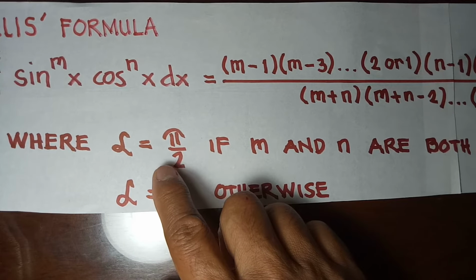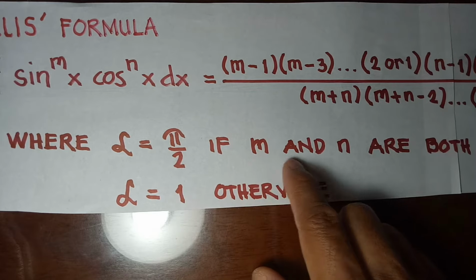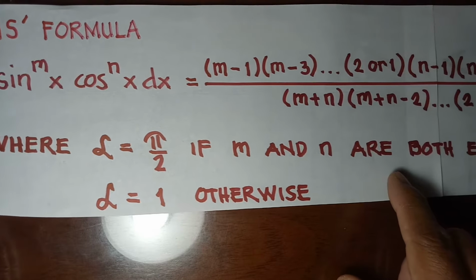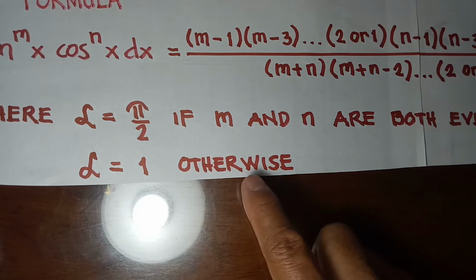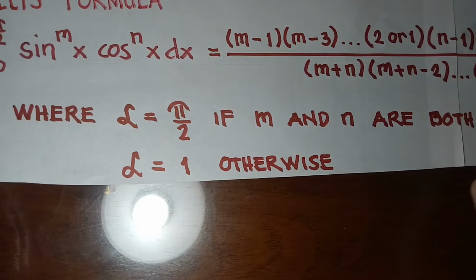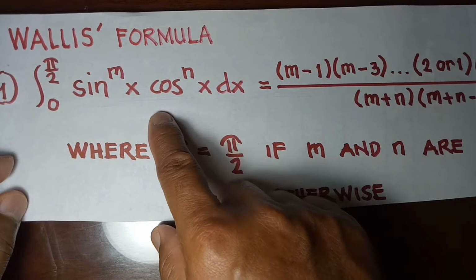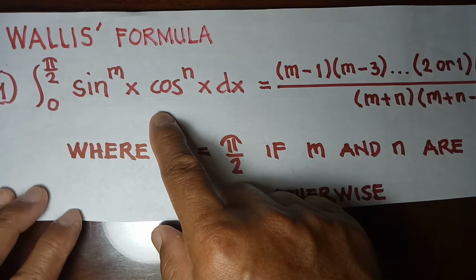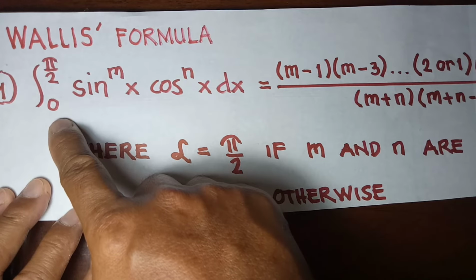So alpha is pi over 2 if m and n are both even. Alpha equals 1 otherwise. So dito sa general form ng Wallis formula natin, dapat nating i-observe na yung lower limit natin ay equal sa 0.